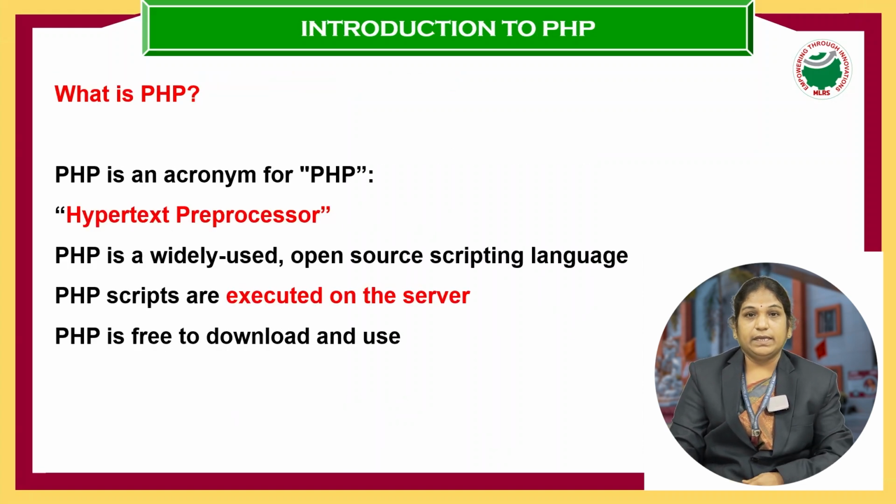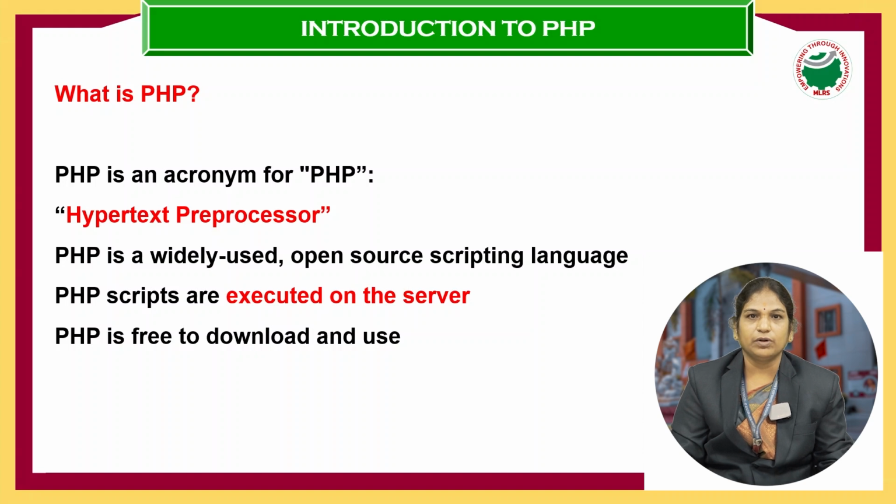PHP is used for developing web pages as a server-side scripting language, and it is open source, which we can download from its official site, www.php.net, and it is used for creating server-side scripting code.